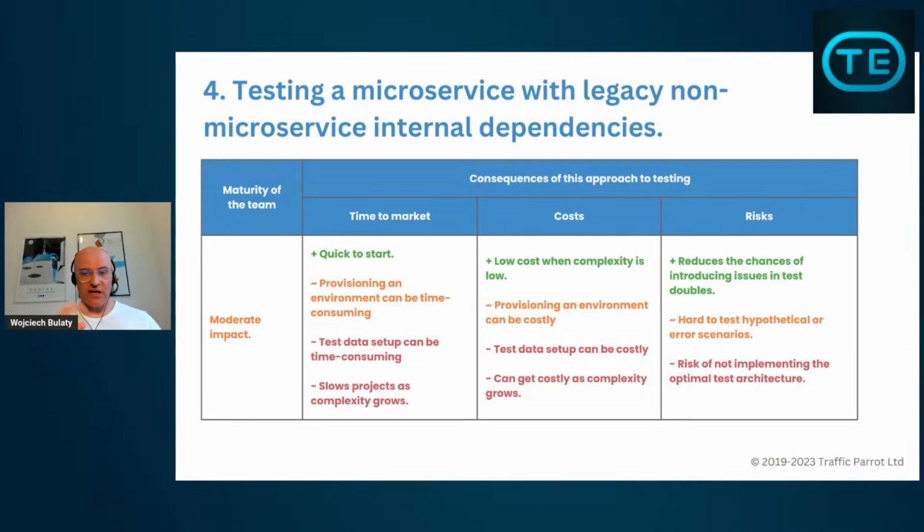Yeah, and you also got to keep in mind that if you wanted to provision a new environment of that mainframe, let's say, or that legacy monolithic system, it might be time consuming to set up a new instance of that. So another example from this UK bank that I was working with: if you wanted to set up a new environment just for the purpose of our team's testing so we can fiddle with the test data ourselves, it was like $150,000 per year, and you had to wait 6 to 12 months to be able to get access to that environment at all.